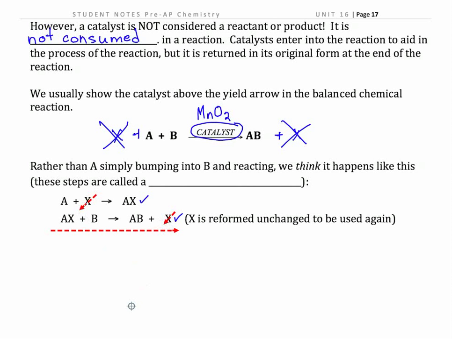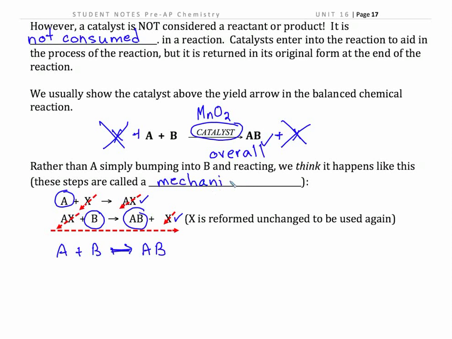So there's X as a reactant and X as a product, it cancels. AX is a product and then it's consumed. And if we bring down just what remains, we get our overall reaction back. So this is the overall reaction, and this is called a mechanism. It's the step-by-step description of what is happening.